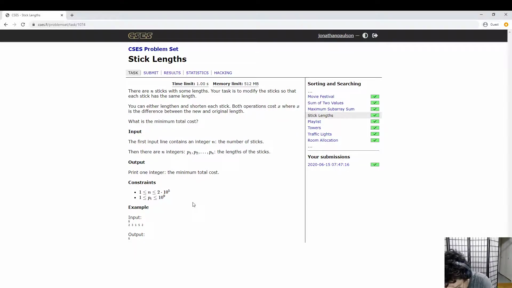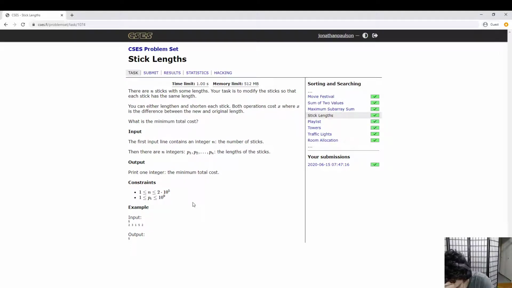It used to cost 2 to change a 3 to a 1. Now it only costs 1 to change the 3 to a 2. So when you increase the target by 1, you decrease the cost by the number of bigger elements than the new target, but all the 1s will now go from costing nothing to costing 1. So you increase the cost by how many things are smaller than the new target.